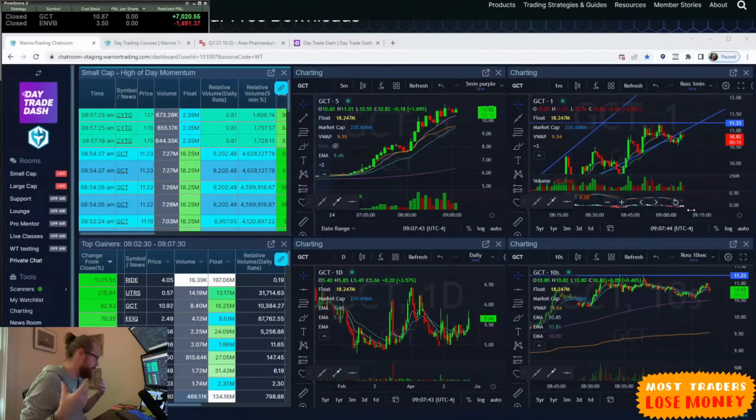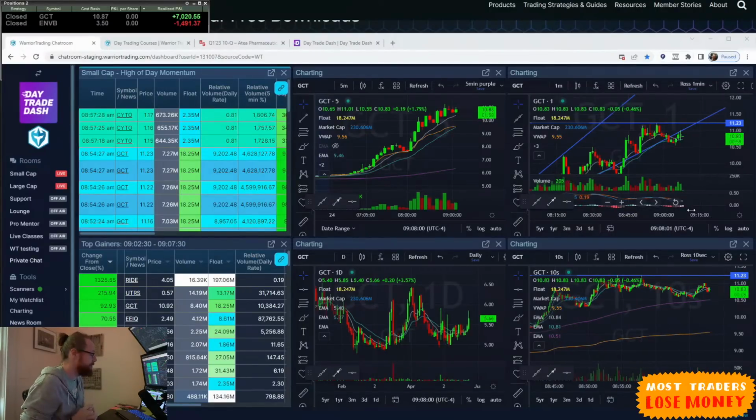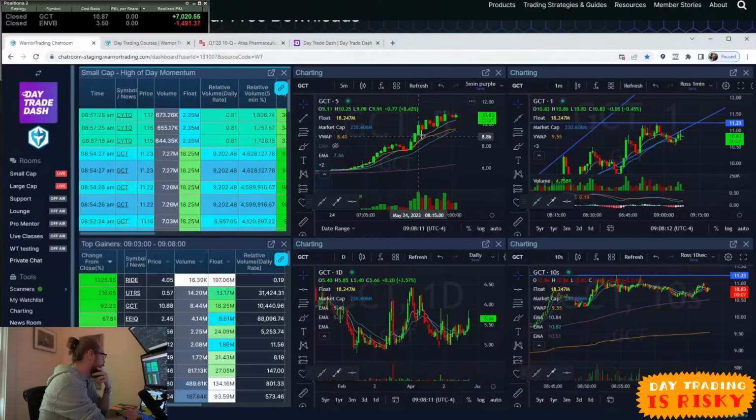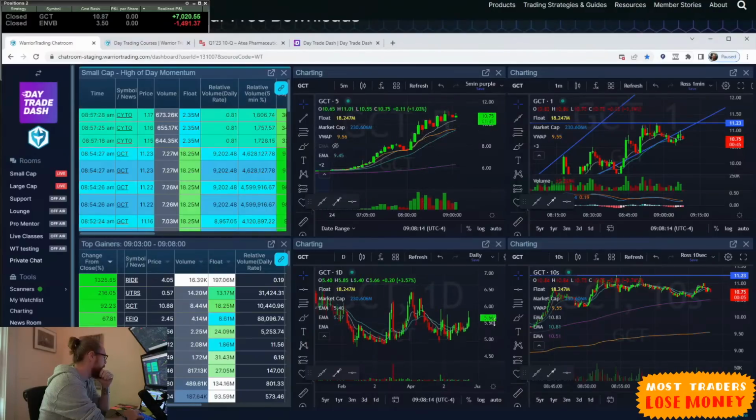Which is the one that traders are really focusing on today? And GCT has the volume, it has the relative volume, so it has the attention. The only problem is that right now, if you're sitting down to start trading, you're a little late to the game, late to the party, because it's already made a really big move. A lot of us have already had great trades on it. We're already well in the green. So I don't mind taking more trades on it, but I don't know if we're going to get another really clean move like what we got right here. I'm not quite sure.